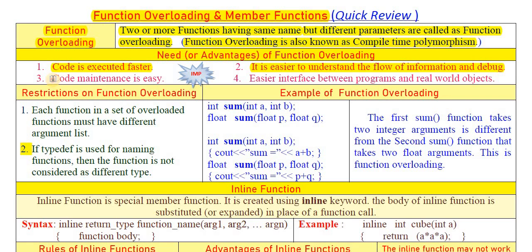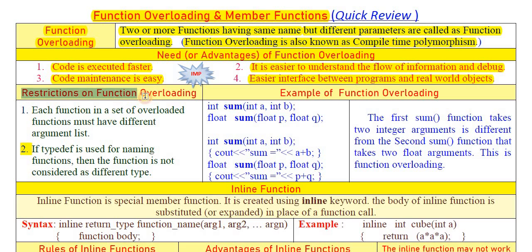Third, code maintenance is easy, so modification or updation of code will be easy. And last one, easier interface between programs and real world objects. So these are 4 points you have to write as need or advantages of function overloading. This will be asked with definition of function overloading. Then you will get 5 marks.